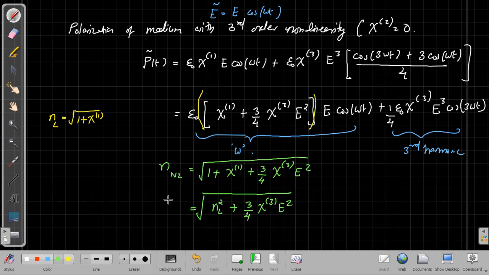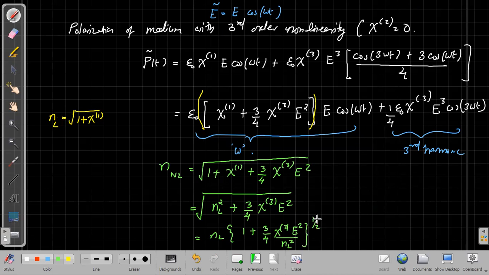So NL square can be taken outside, and it becomes NL. Then inside the bracket it would be 1 plus 3 by 4 chi3 E square divided by NL square, all raised to 1 by 2.